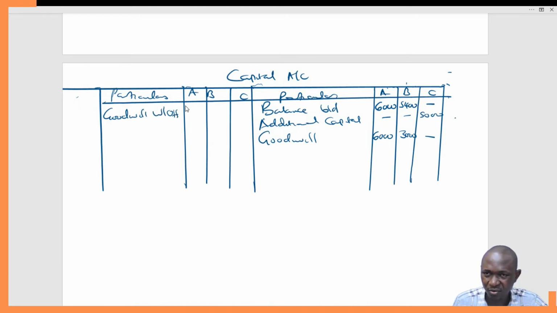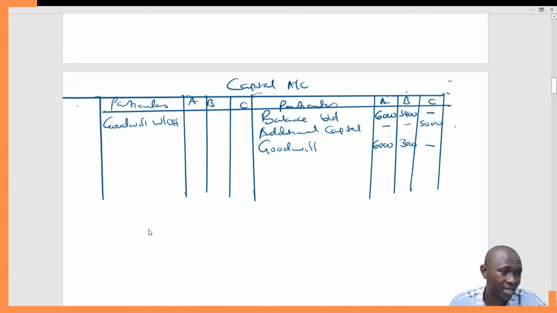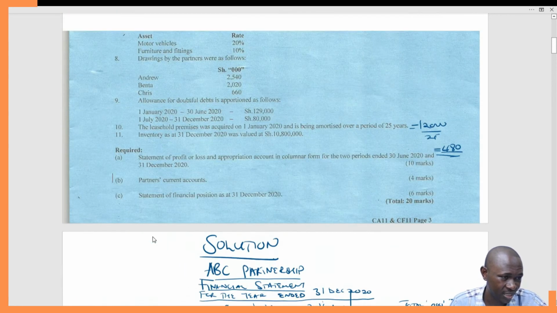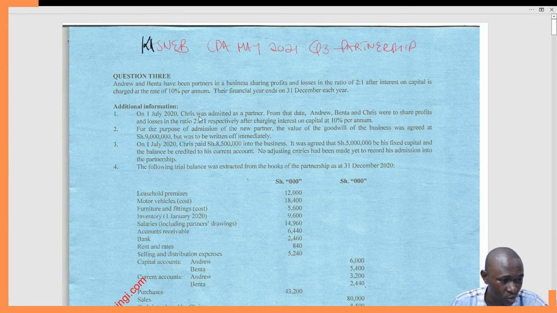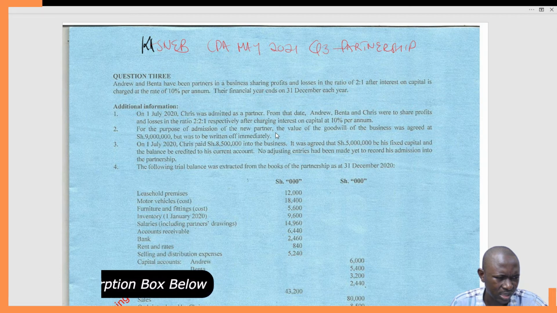It was 9,000. This time round, we're going to write it off, sharing among the three partners in their new profit loss sharing ratio, which is here. From that date, Andrew, Benta, and Chris were to share profits and losses in the ratio 2:1, respectively, after charging interest. It's okay.